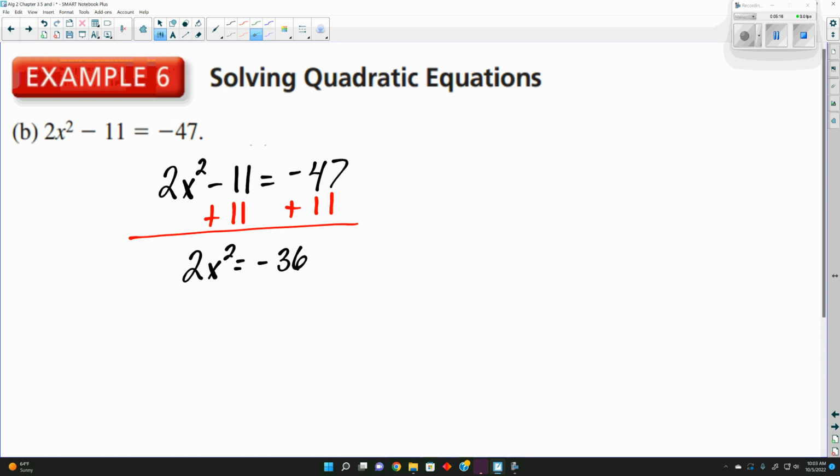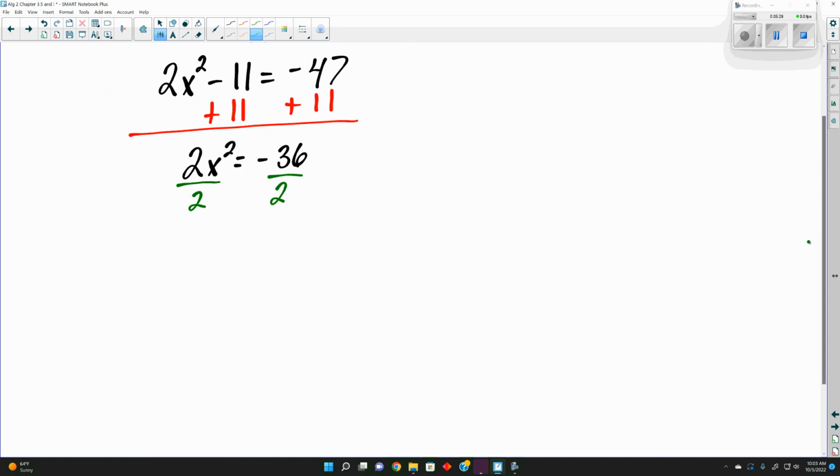What do we need to do next? Divide by 2, because we need x squared by itself first. We want it completely by itself first. So we're going to divide by 2, which will tell us that x squared is equal to negative 18.